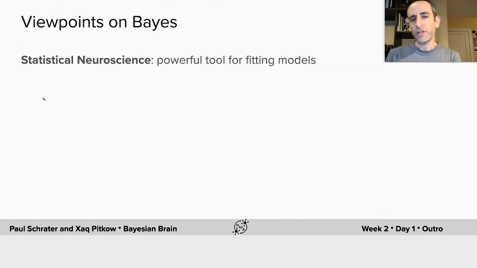To conclude, let's just think about a couple of viewpoints on how Bayesian inference can be used. One very common approach is to use it as a fitting tool, a way of interpreting and fitting models to data. This is the domain of statistical neuroscience, but it also holds for particle physics and economics and many different disciplines.